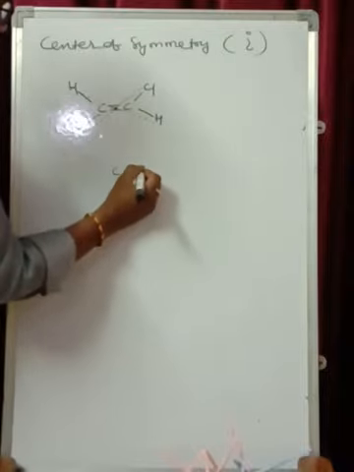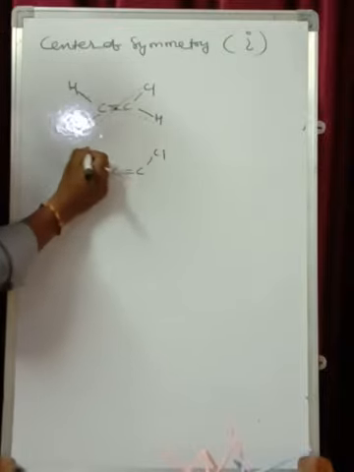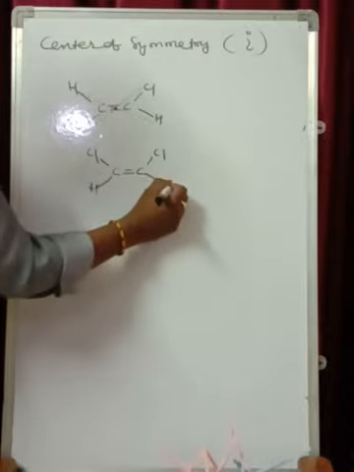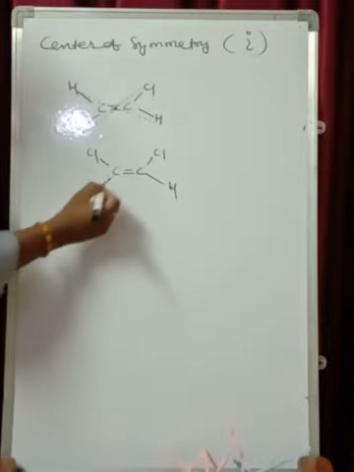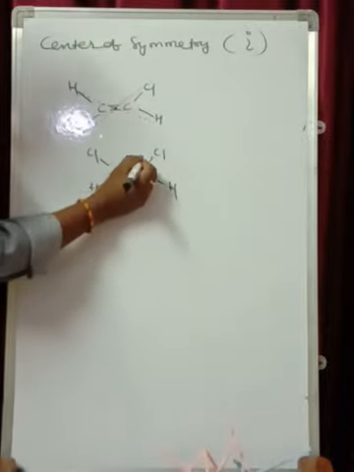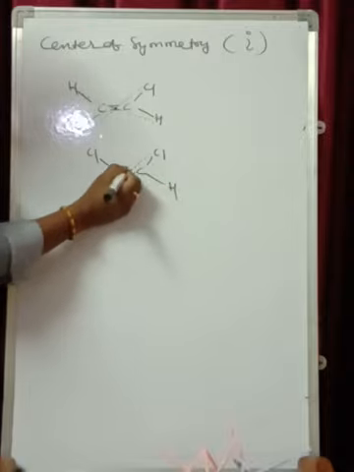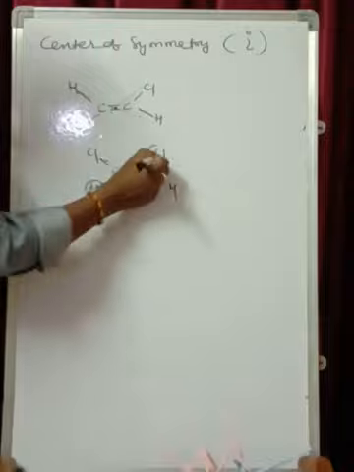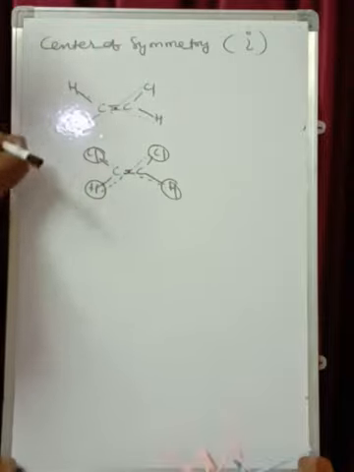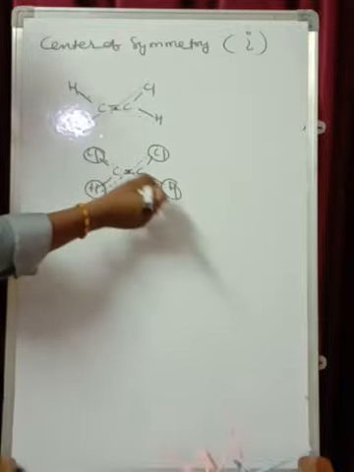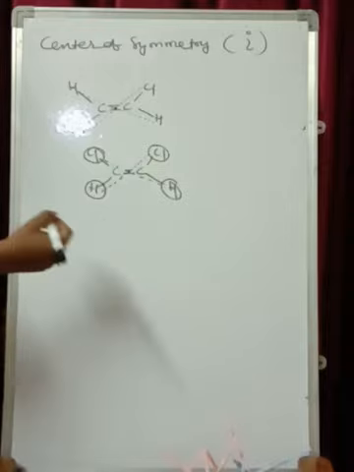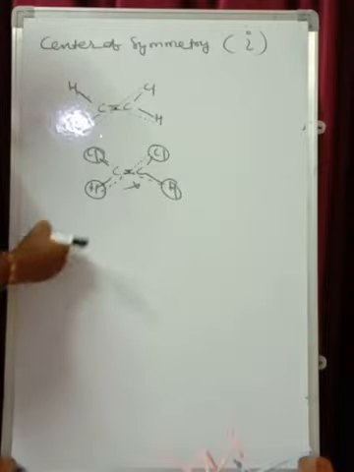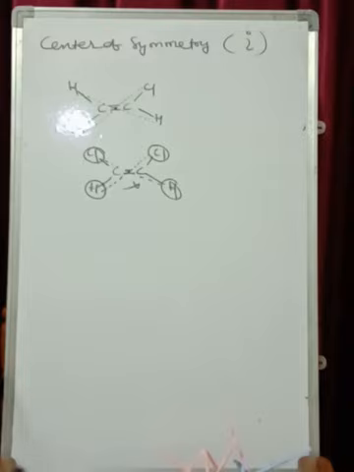If you take the cis 1,2 dichloroethylene molecule, from the center in opposite directions, you have different groups. If different groups are present at opposite distances, then we say it doesn't have a center of inversion or center of symmetry.